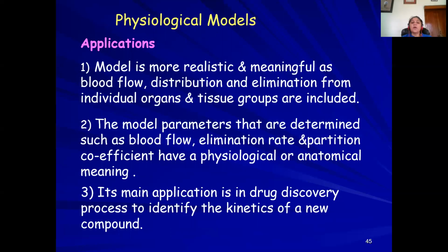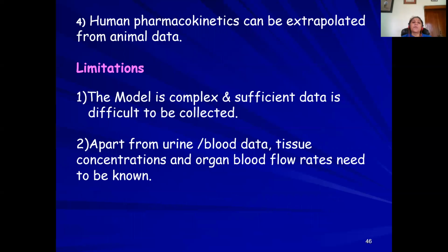And its main application is in drug discovery process to identify the kinetics of a new compound, because this is more realistic. This is a preferred model in drug discovery programs. And also we can extrapolate the human pharmacokinetics from the animal data.